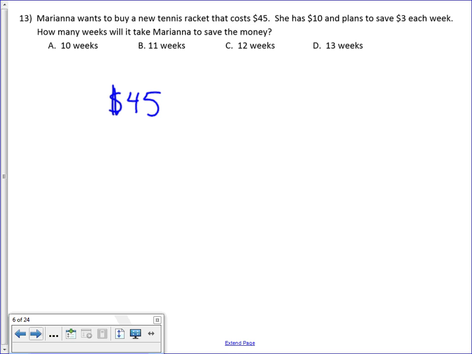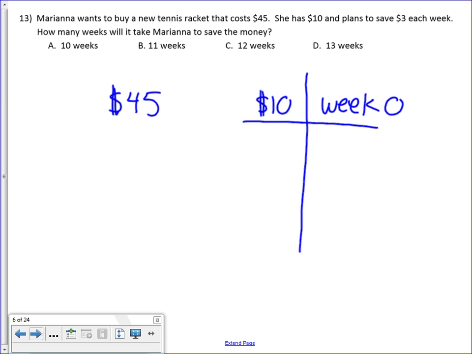If we think about it as a checkbook almost, if I have $10 already, this is week 0 actually, right? Because I have it right now. So in 1 week, if I add 3 to that, I now have $13. This is in week 1.